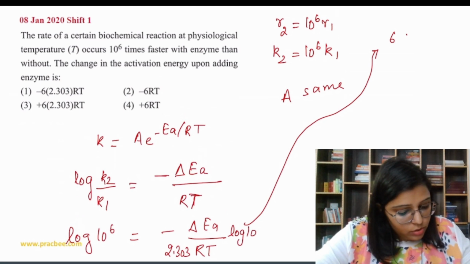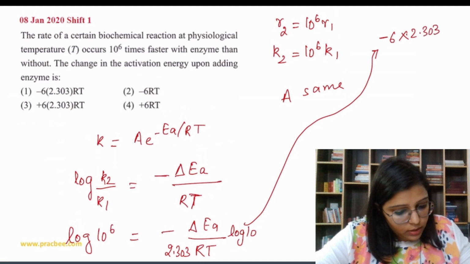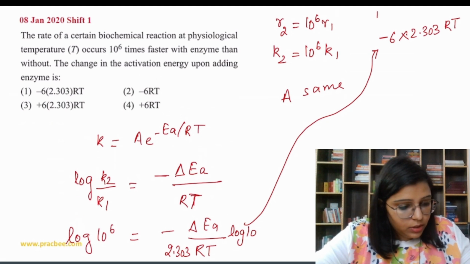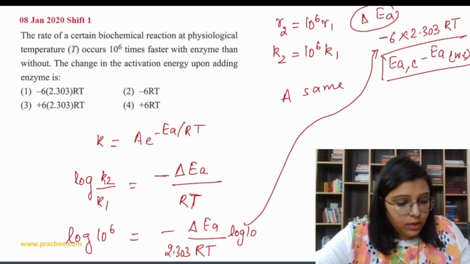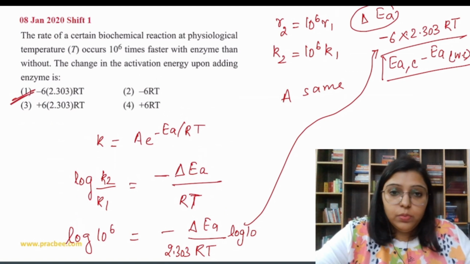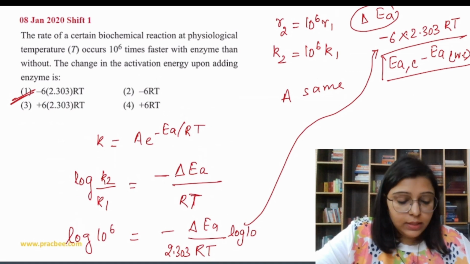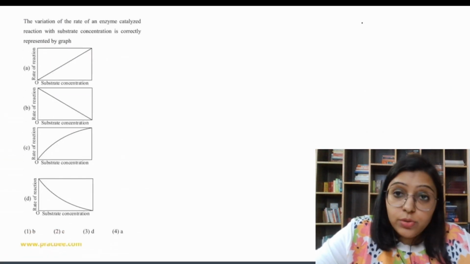So 6 is equal to 6 into 2.303 RT, that is going to be the difference in activation energy. That is activation energy in the presence of catalyst minus activation energy in the absence of catalyst, without catalyst. Okay. So we can directly relate this. So answer is going to be 1. Okay, that's it.